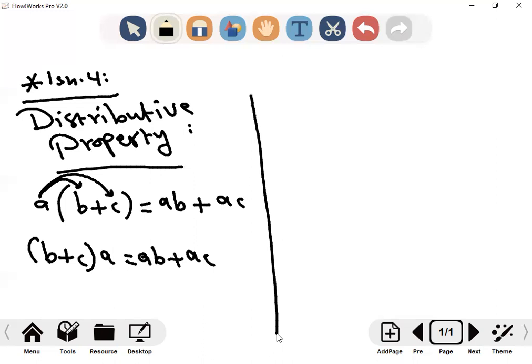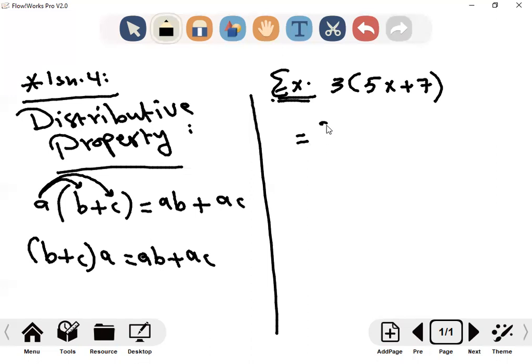For example, if I want to multiply 3 with 5x plus 7, 3 is A, 5x is B, and C is 7, right?